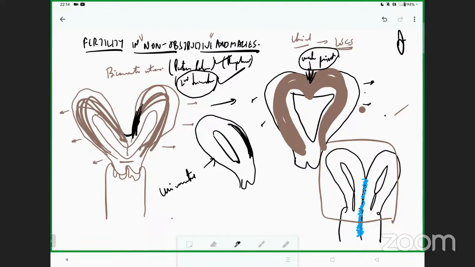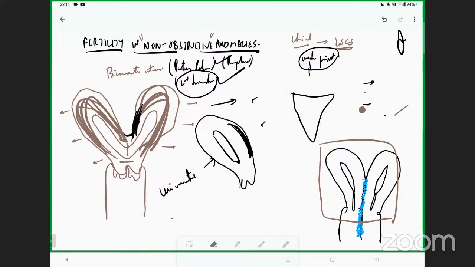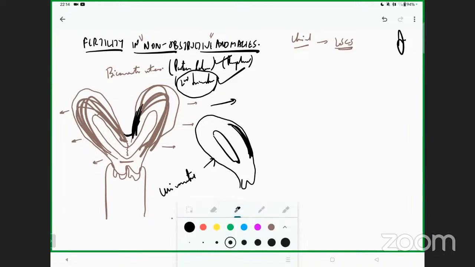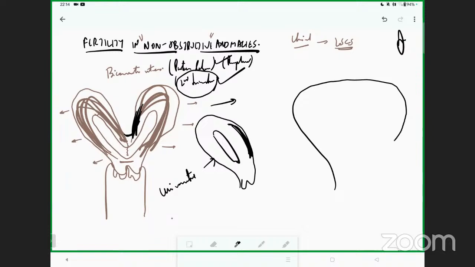It is simply due to the method in which structures get realigned at the time of differential absorption. The simplest of the anomalies out of all these is obviously going to be your septate uterus, because in a septate uterus, what has happened? You have got a broad fundus.